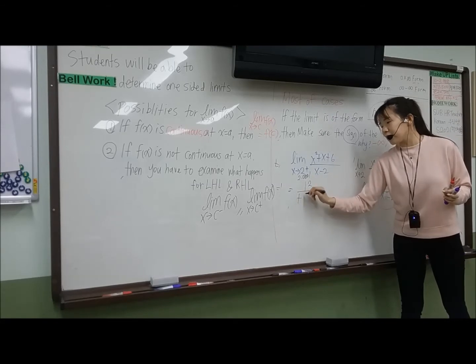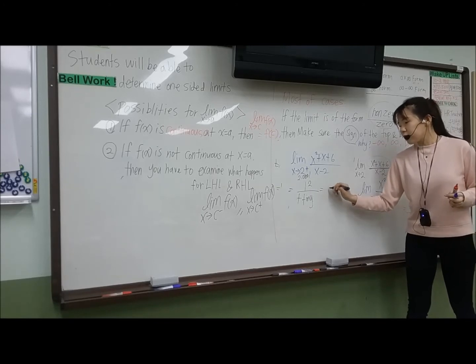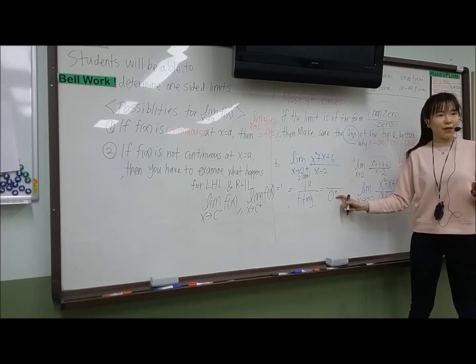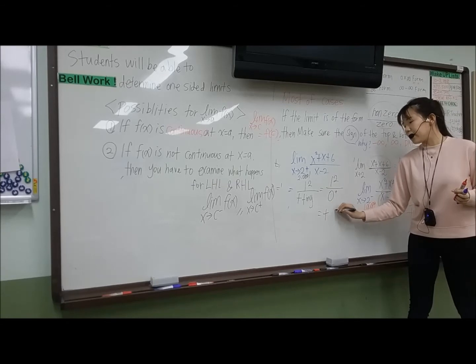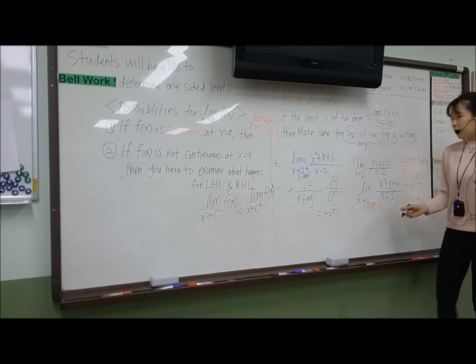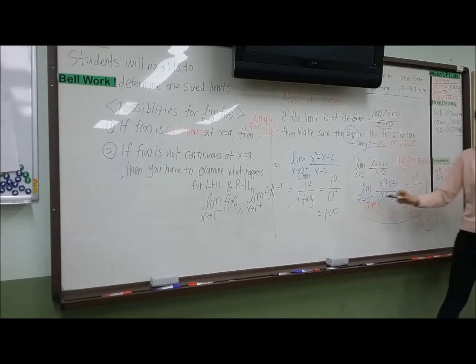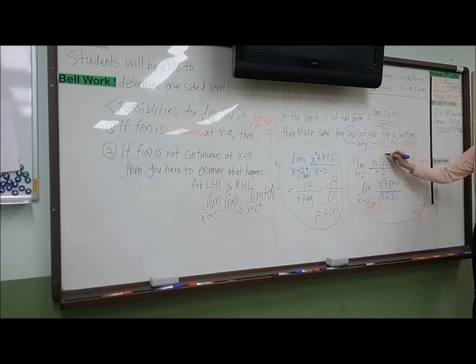So 12 over positive tiny, sort of a 0 with a positive sign. Does that make sense? Okay. Then we will have positive infinity there. So the limit from the left is negative infinity, and the limit from the right is positive infinity. That is why you conclude DNE, because the limit from left and the limit from right are different.